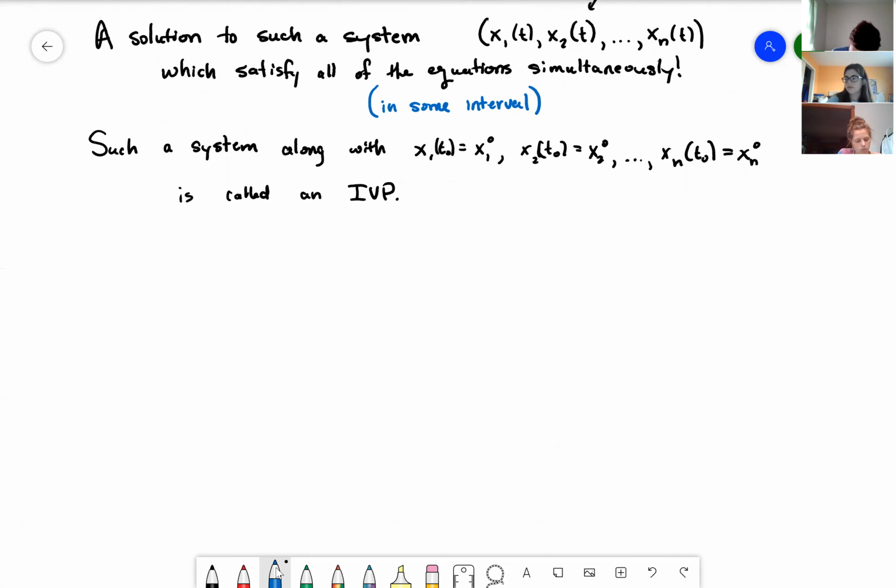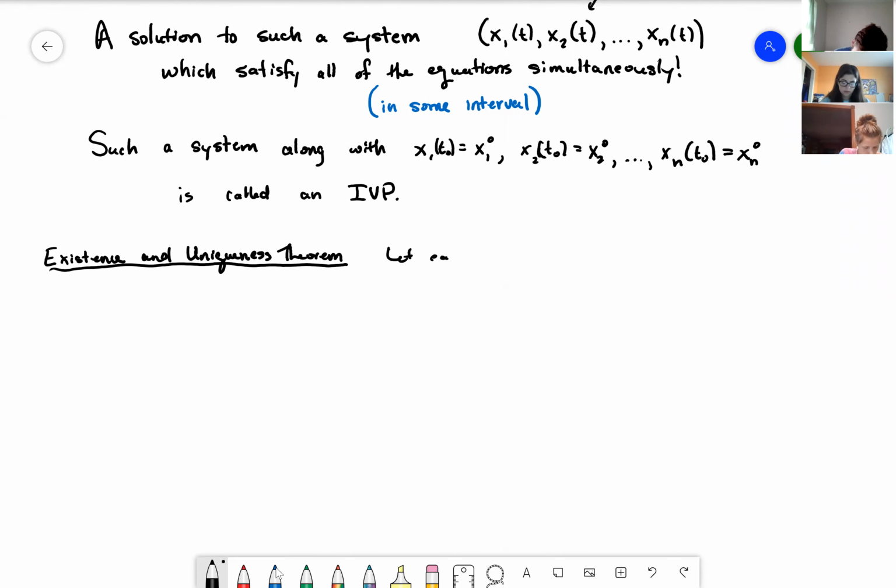Okay. Now I'm just going to state this as the existence and uniqueness theorem. This is for systems of ODEs with initial conditions.